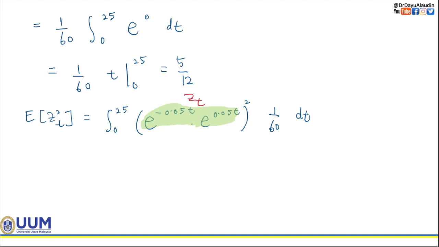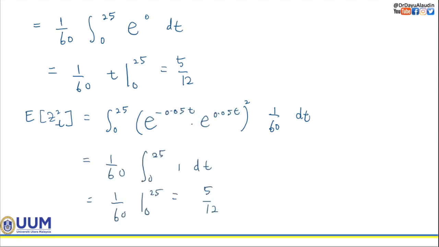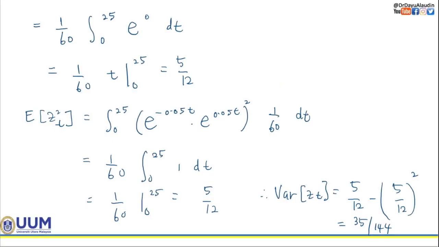And we get 1 as well, because 1 to the power of 2 is 1. And this is for De Moivre's law, 1 over omega minus x. And finally we get the variance is 35/144.